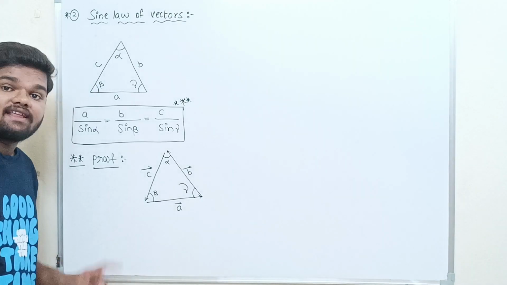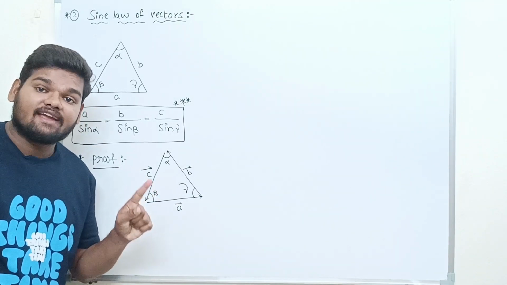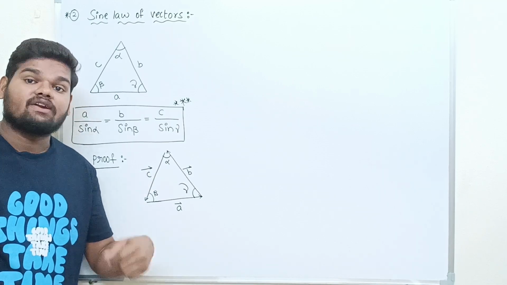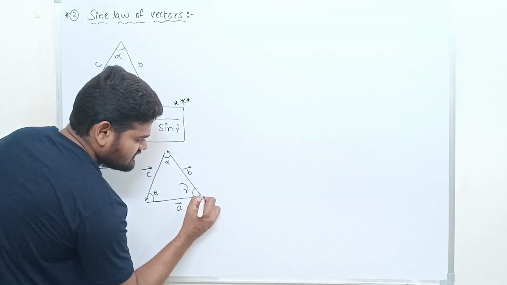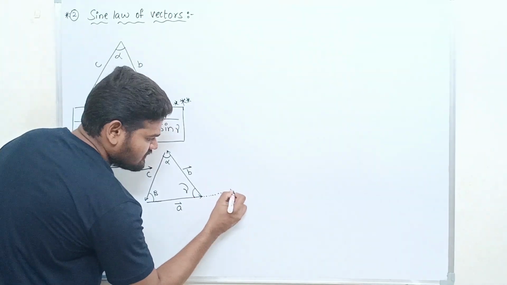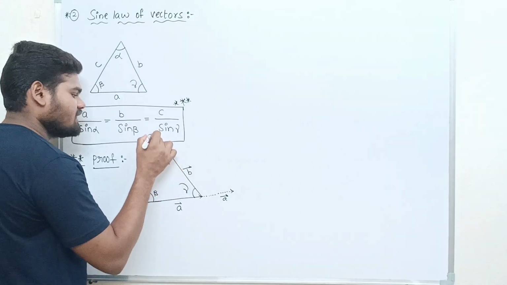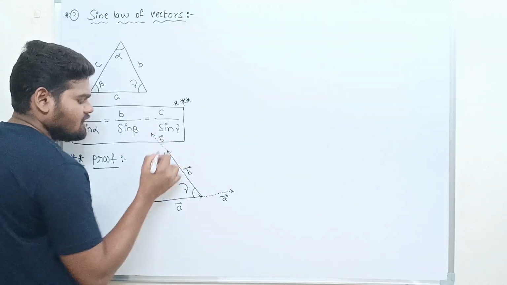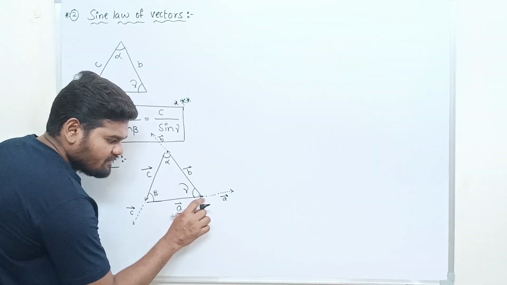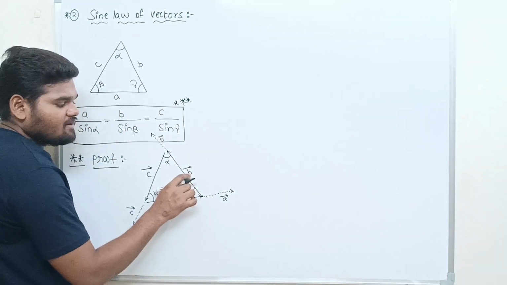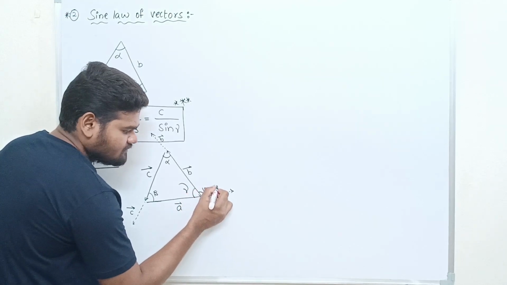Now if you want to find the angle between any two sides, what we have to do? The angle must be taken between two heads or two tails. Is it clear? For that, I'm extending this A bar vector, this B bar vector, and this C bar vector. Now the angle between the tails of the A bar vector and B bar vector is how much? 180 minus gamma.